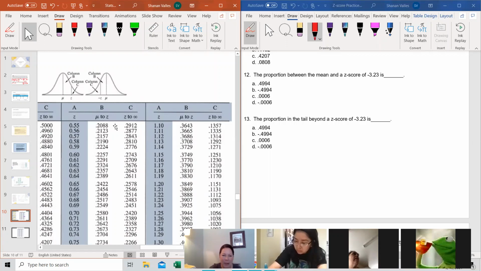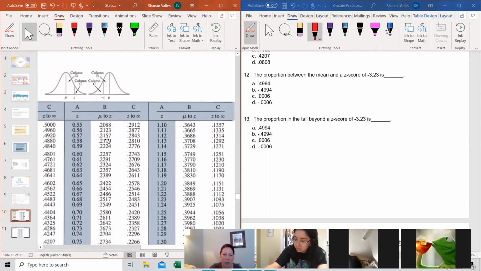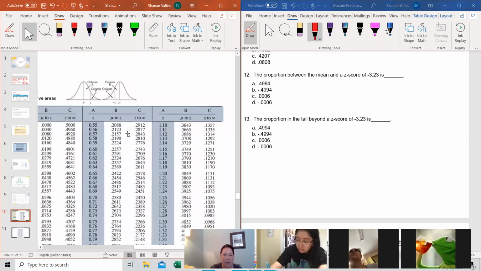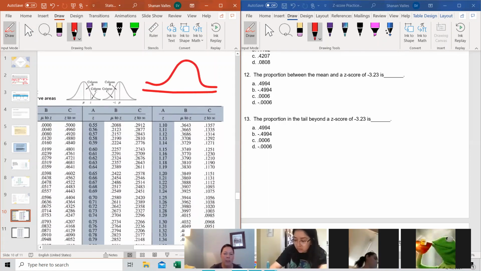What it's telling you is the percentage of this distribution from whatever z-score you're looking at, that's all A column, to the mean.